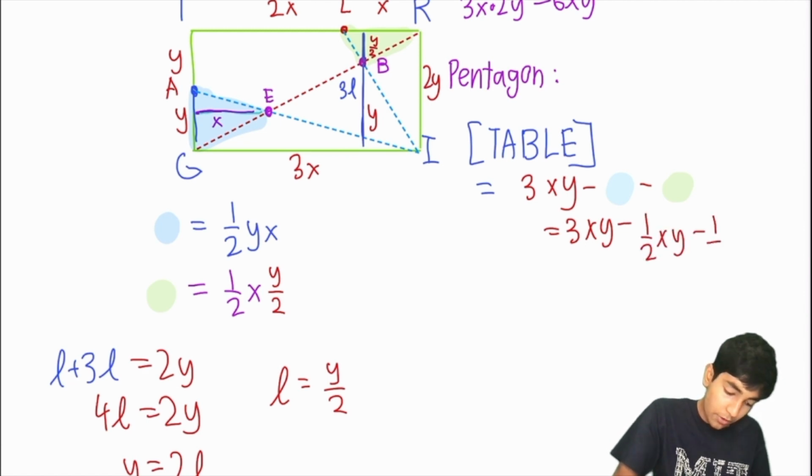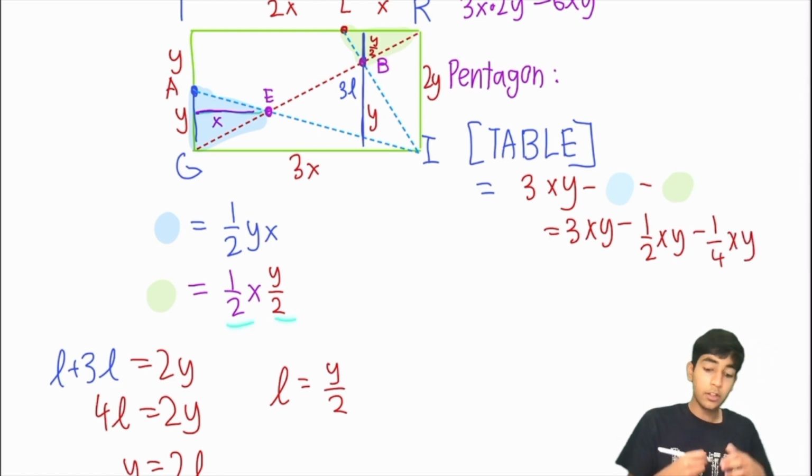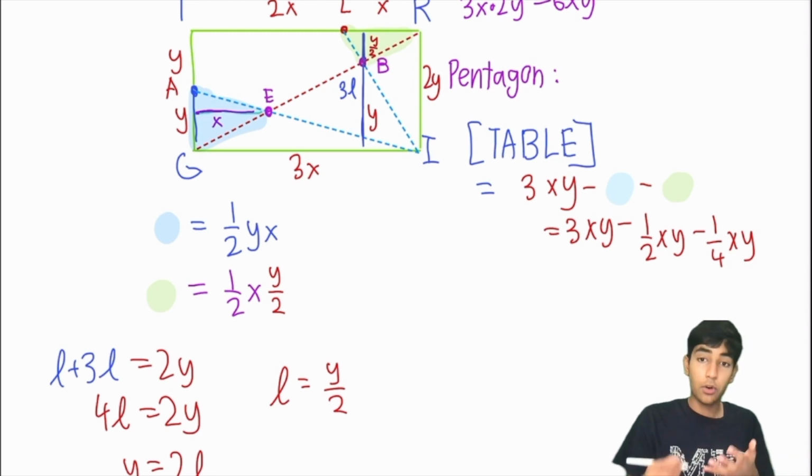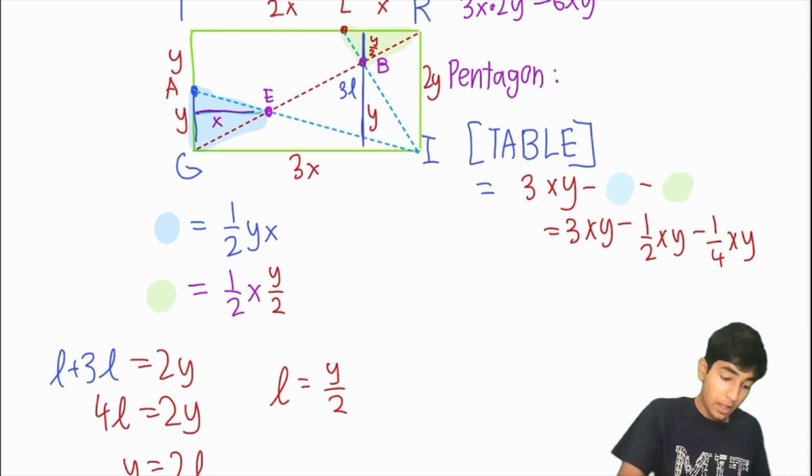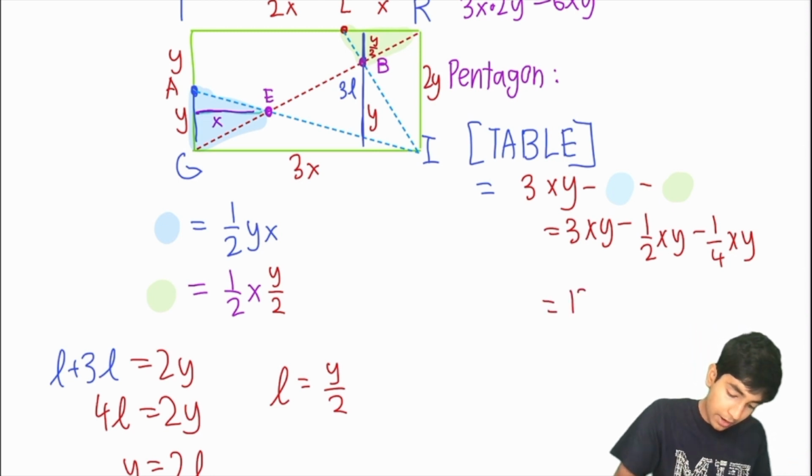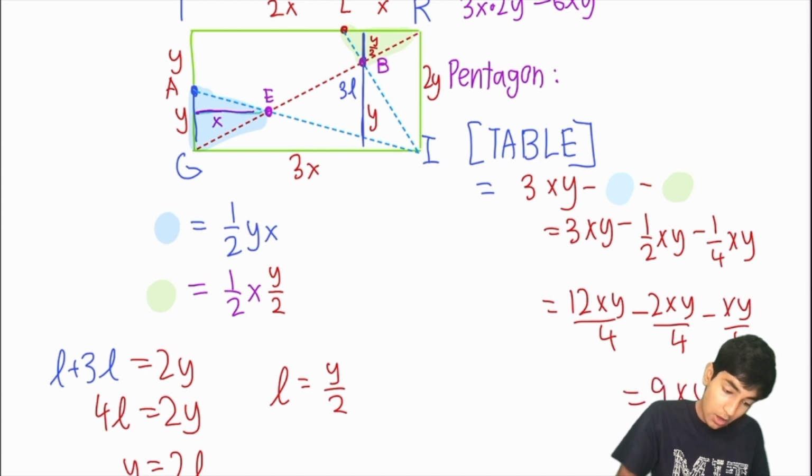And the green region was 1/4 xy, right? 1/2 times y over 2 is y over 4, and then y over 4 times x is xy over 4. And then this becomes, if we find a common denominator, 3xy minus 2xy over 4 minus xy over 4, which is 9xy over 4. And this is equal to 21.